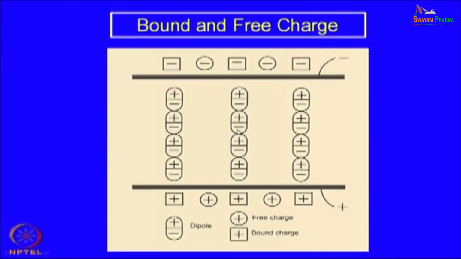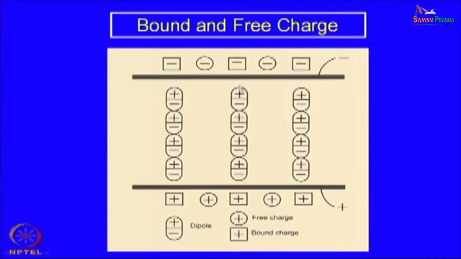Whatever positive and negative charges were present, either in the form of cations, anions, or maybe the electrons as well as protons, all of them will realign themselves against the electric field and some of them will be neutralized. So, these are the bound charges.